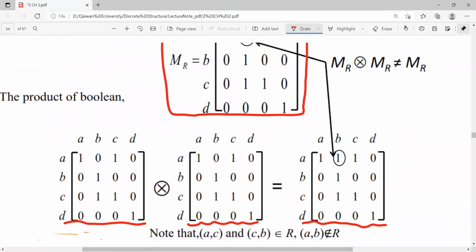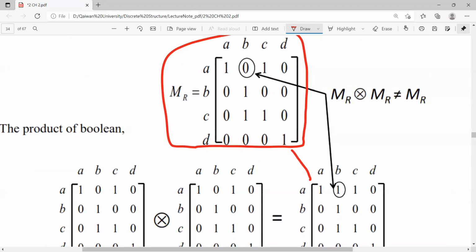Are these two matrices the same? Look, here this is 0 at this element, but here it's 1. All the elements must be the same for the matrices to be equal. If there's at least one difference between the matrices, we say that's not transitive.